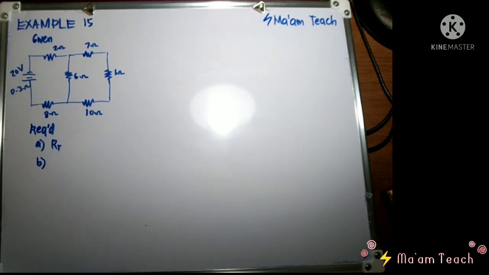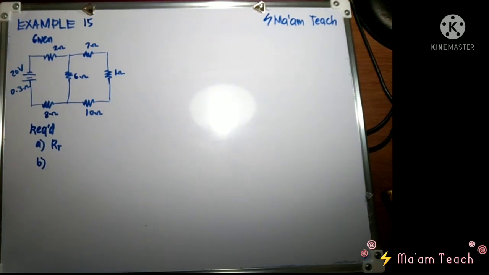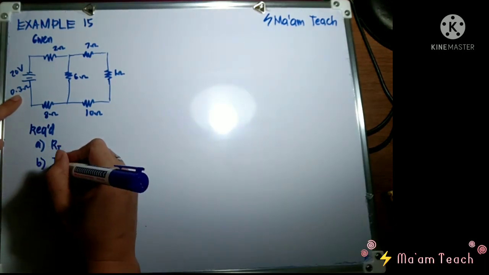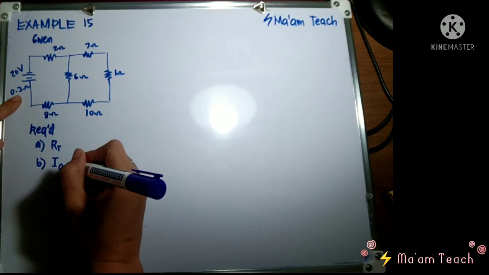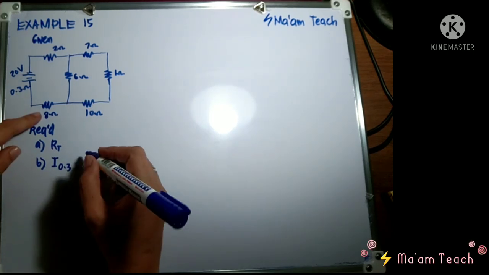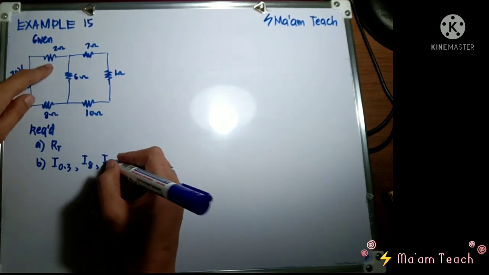So we have to determine the current in each resistor. Since we have 1, 2, 3, 4, 5, 6, 7 currents, let us name each current based on their values, class. For example, for the current in the 0.3 ohm resistor, let's name it I sub 0.3, while for the current flowing here, let's say I8, and for here, I sub 2.